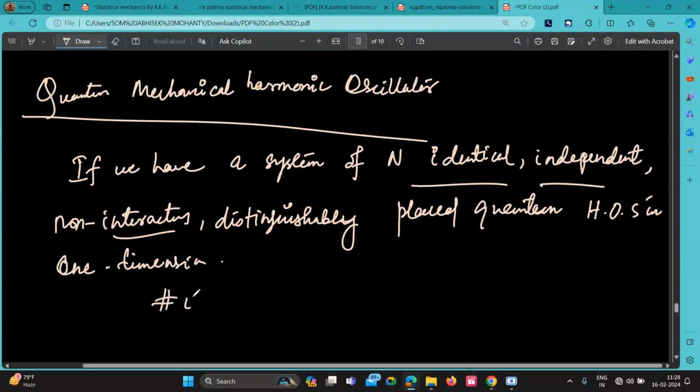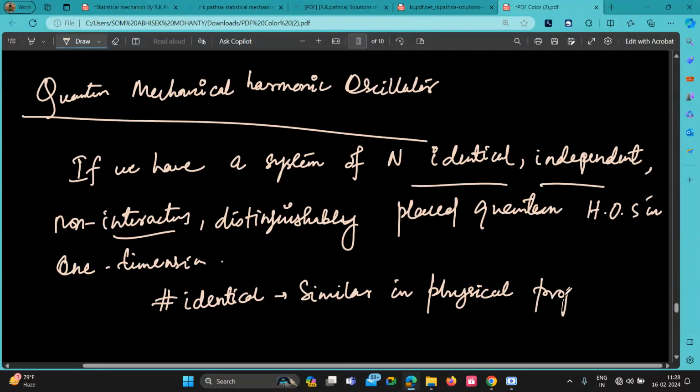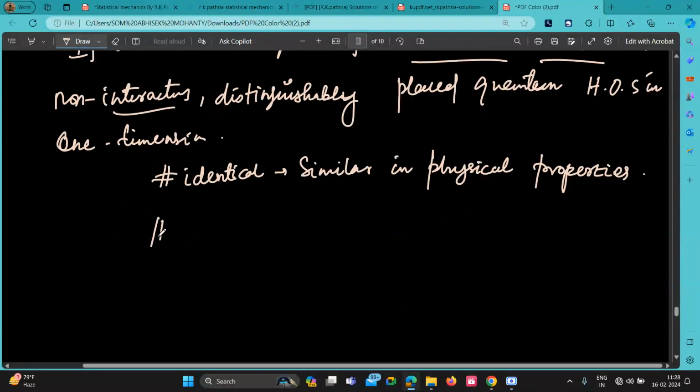First of all, identical. What is the meaning of identical? Identical means similar in physical properties. Then the next word is independent.